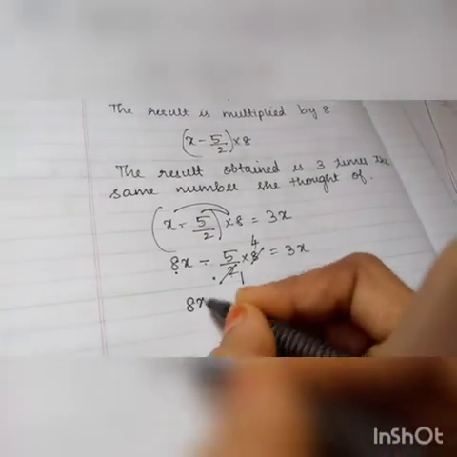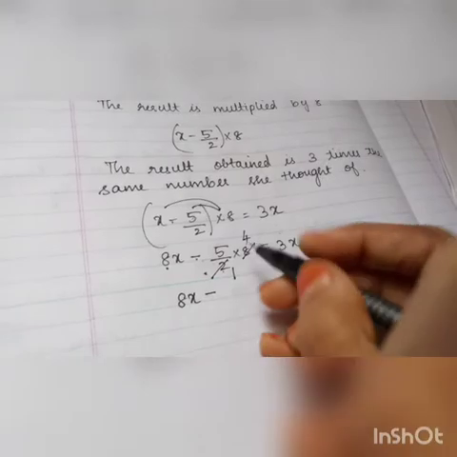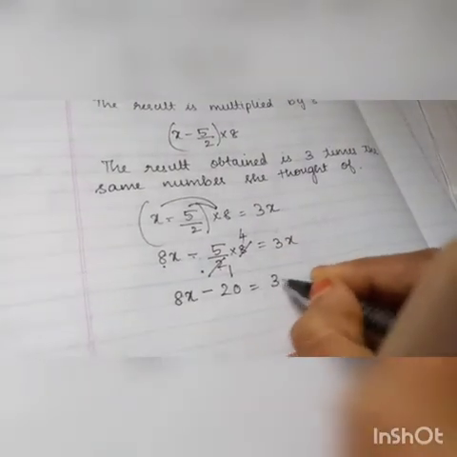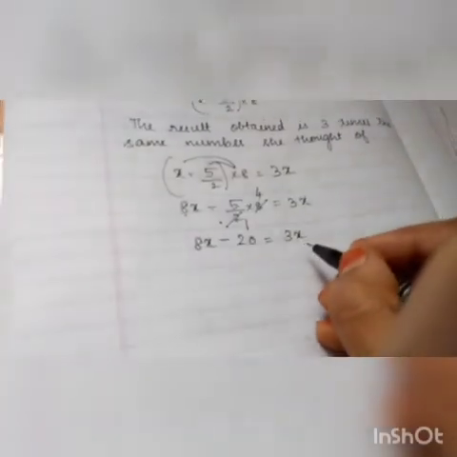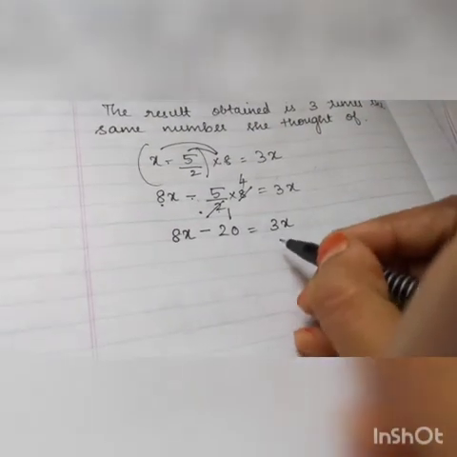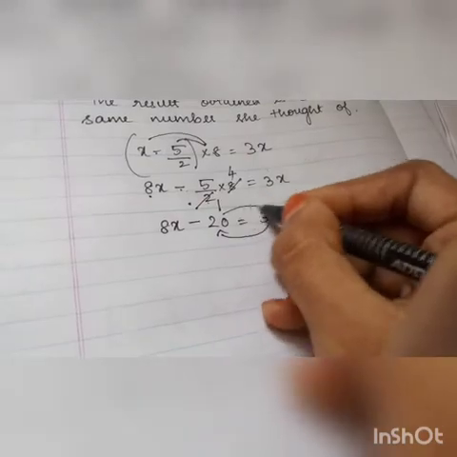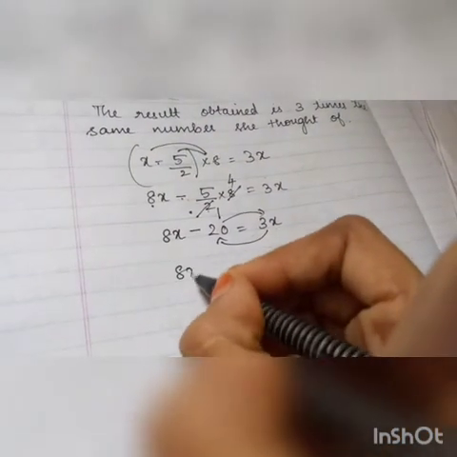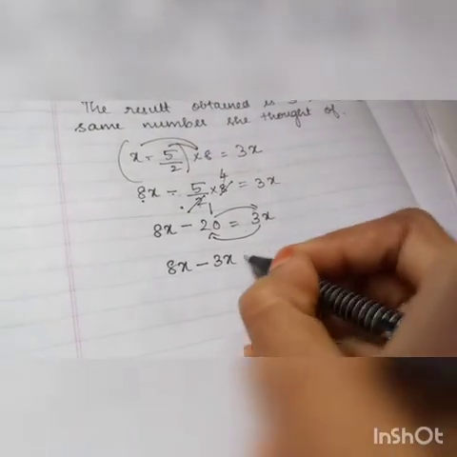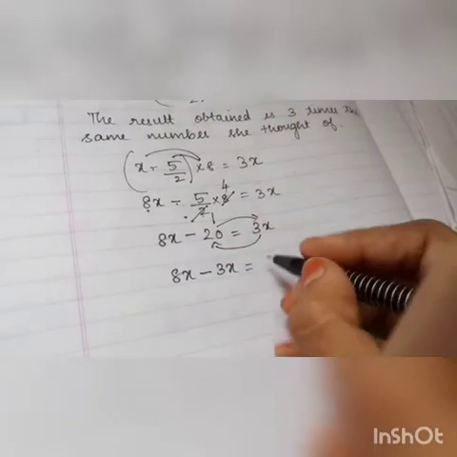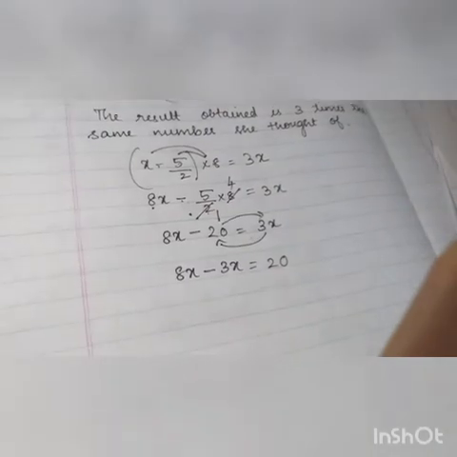Now 8x minus 5 fours are 20, equal to 3x. Shall we bring the constants to one side and variables to one side? Yes. The 8x goes to that side and becomes minus 8x... actually the 3x goes to that side and becomes minus 3x, and minus 20 goes that side and becomes plus 20.